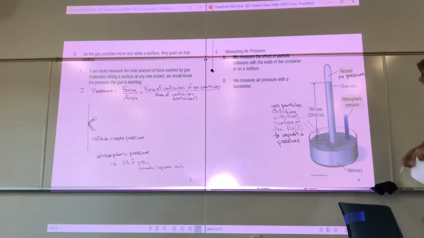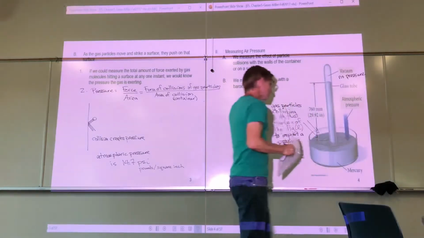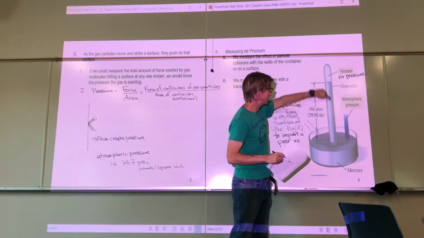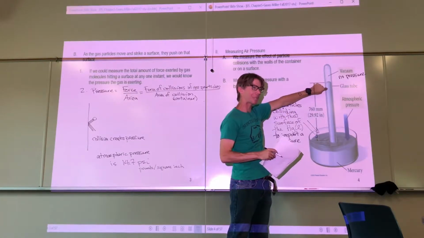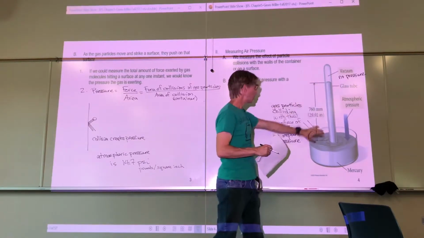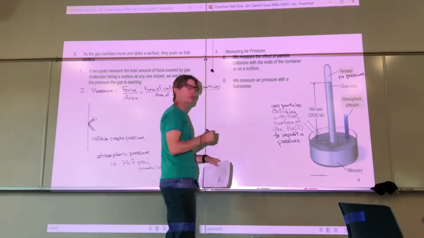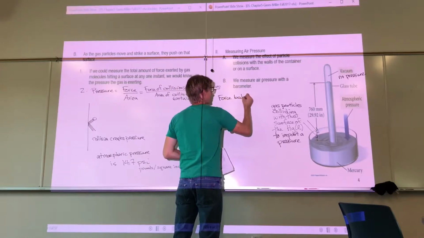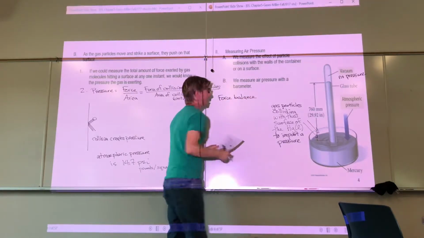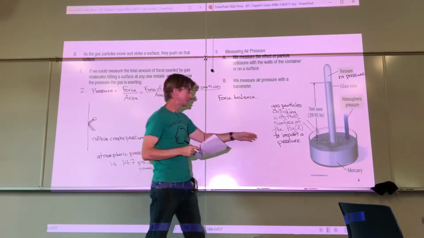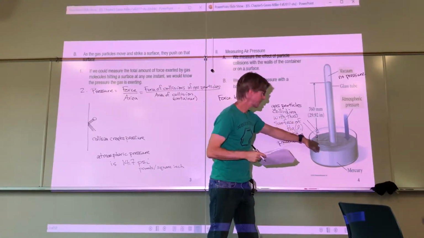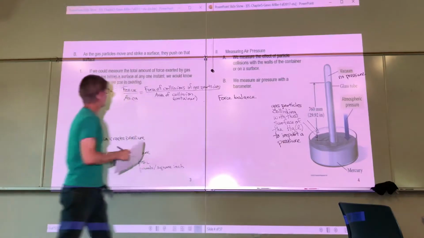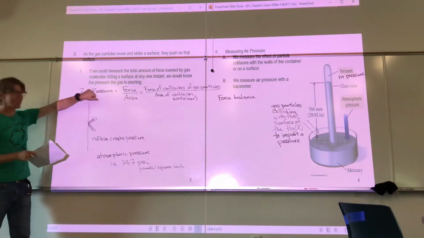So yes, gravity. What's going to happen here is there's no pressure up here, but the higher this gets, the more gravity acts on it. And so what we've really got in a barometer is what's called a force balance. A force balance means that there's a pressure per area, so times an area. Force is pressure times area.